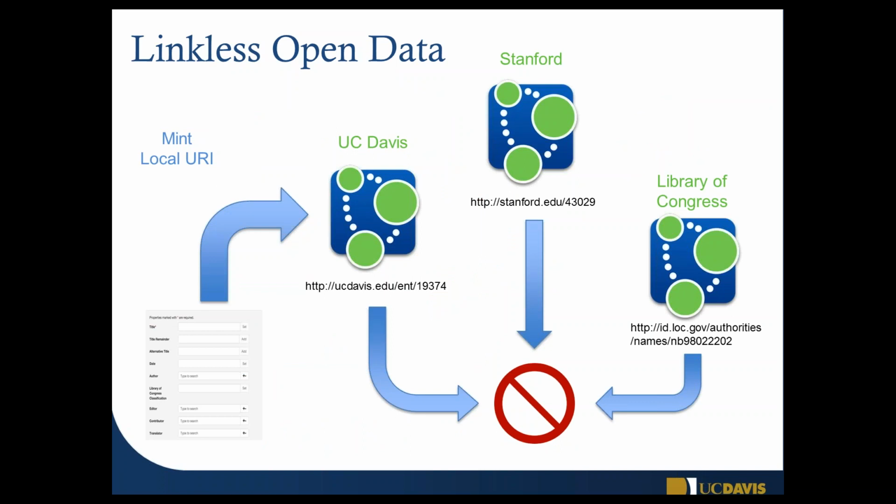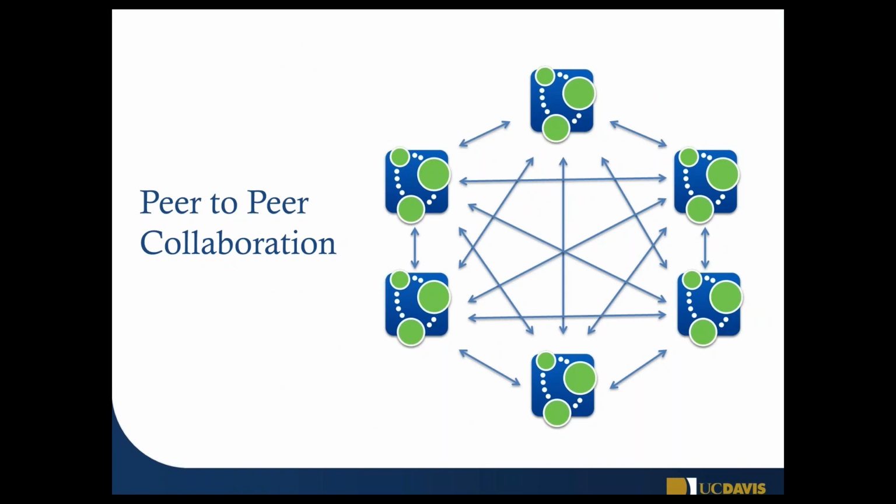But then he also talked about if we mint local URIs, meaning you create URIs in your own database, would you share, and how do you share with others, because we end up with everybody creating their own, and that will be chaos in terms of managing things. He also talked about linked data, which doesn't care who created it, and you can create relationships between those. The other model he has is peer-to-peer collaboration, but he did talk about pros and cons of the different approaches.